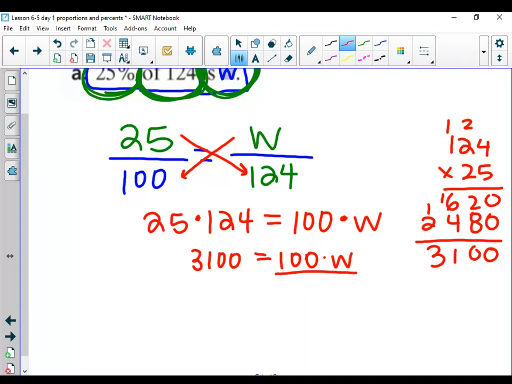I don't know, but I can divide. Zeros trick. Missing W, 31.